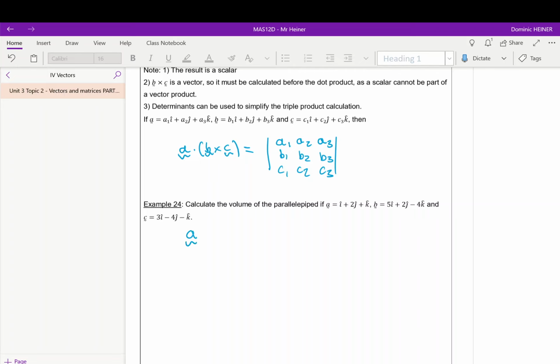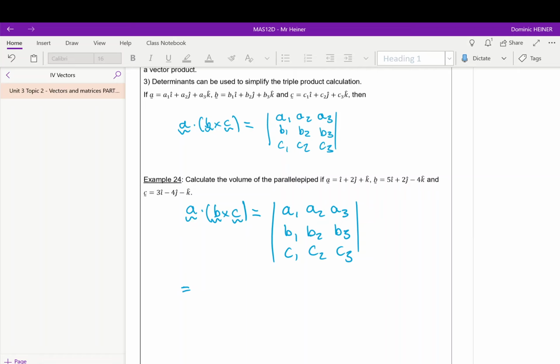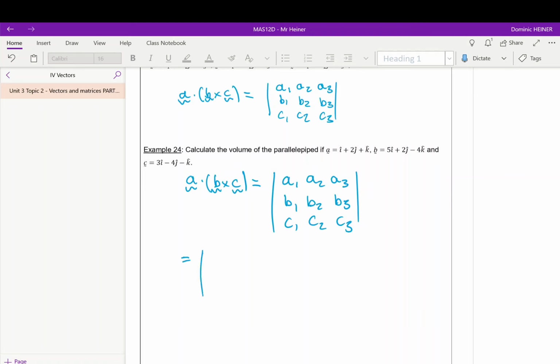So we're looking to find A dot B cross C, which is the determinant of the matrix. Let's fill in the entire matrix first: 1, 2, 1, 5, 2, -4, 3, -4, -1.